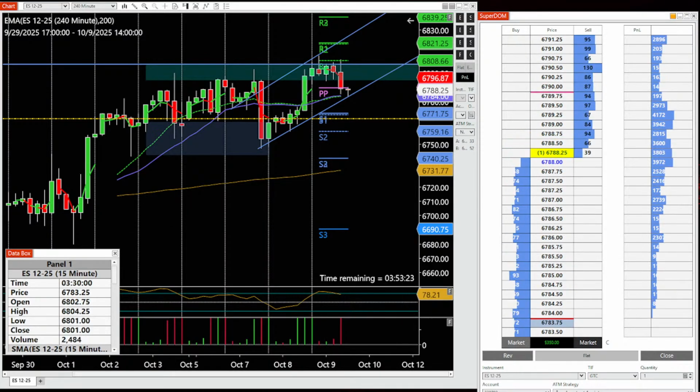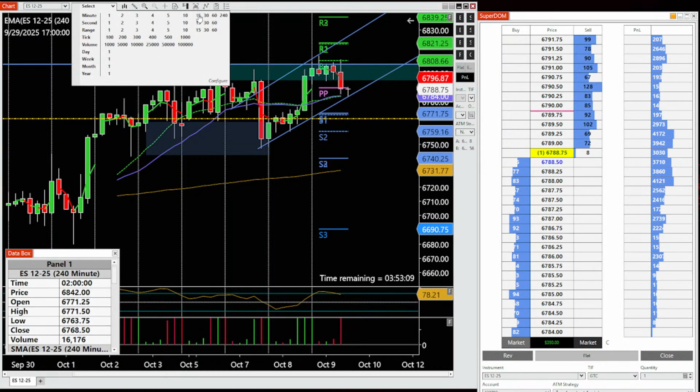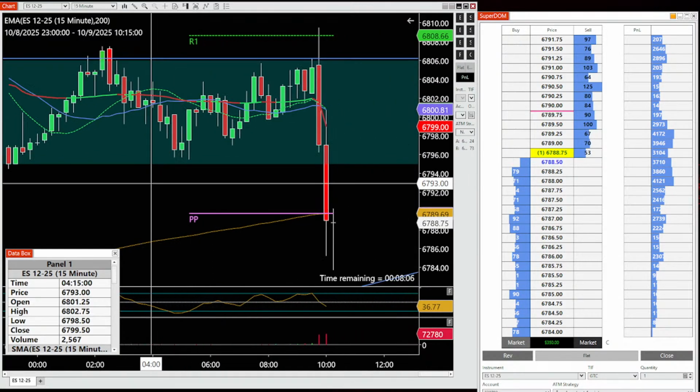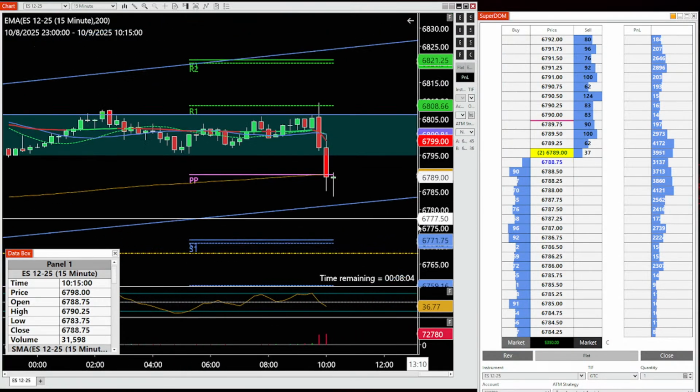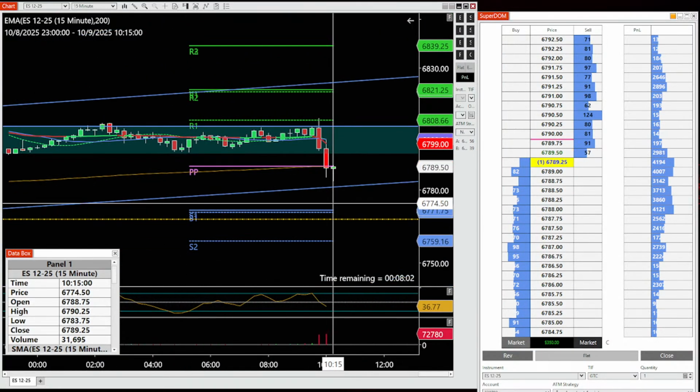Just consolidating here now. So this is the high for the 4-hour bar.